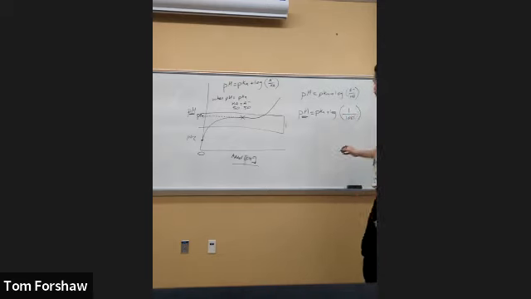So 1 divided by 100 is going to be 0.01, and then let's say we change it to 10 divided by 100. Let's just make these numbers nice and easy. Well, that's going to be 0.1.